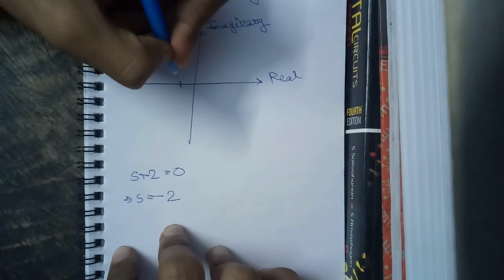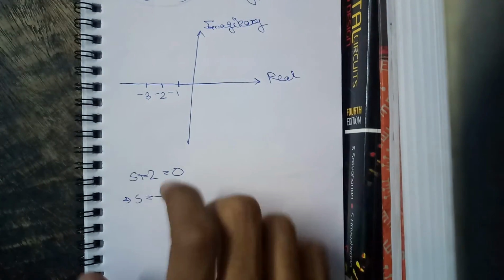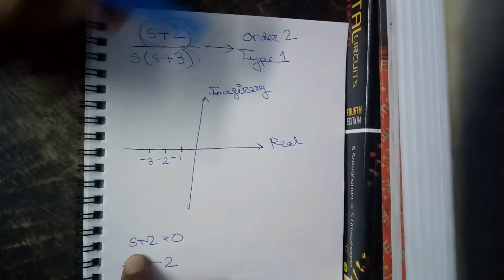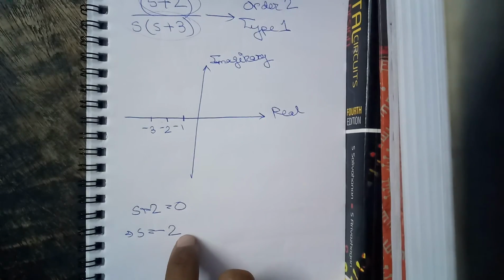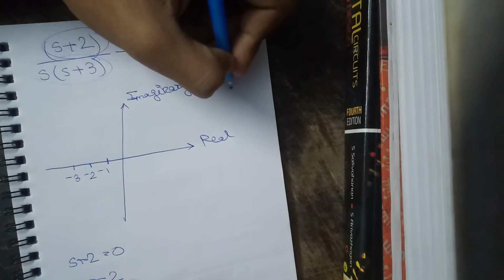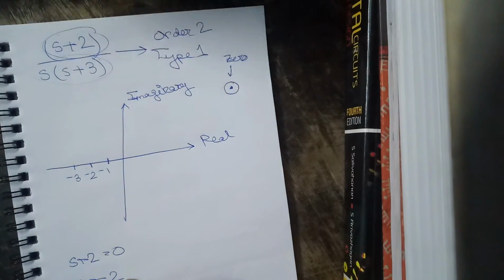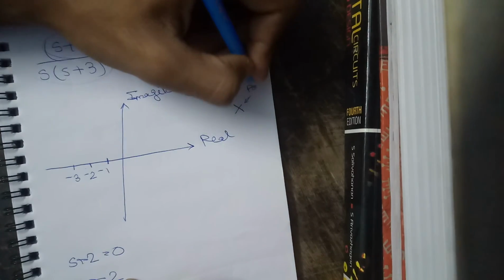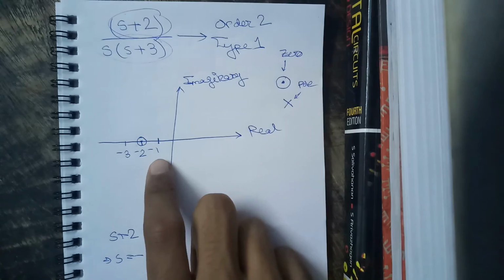So if we mark minus 1, minus 2, minus 3, we can find that this zero would be located at the point minus 2 on the real axis, because there is no imaginary part here. A zero is designated with a circle, and a pole is designated with a cross.